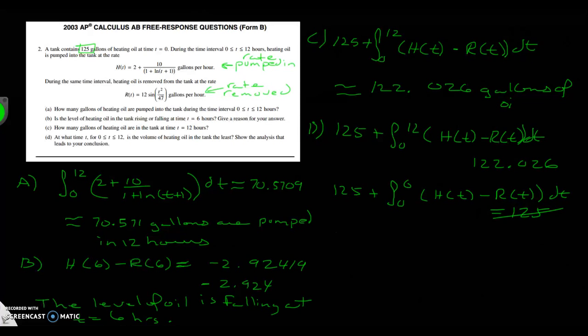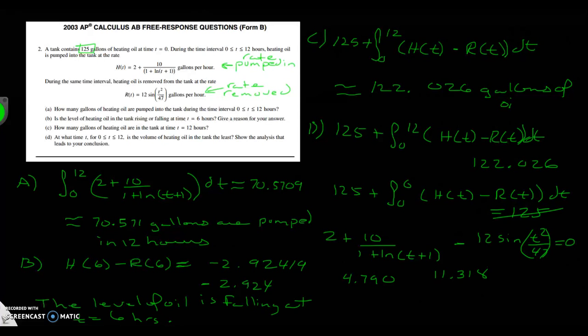So we would need to solve 2 plus 10 times (1 plus ln of t plus 1) minus the 12 sine t squared over 47. Where does that equal 0? Well, that equals 0 at two places, 4.790 and also 11.318.